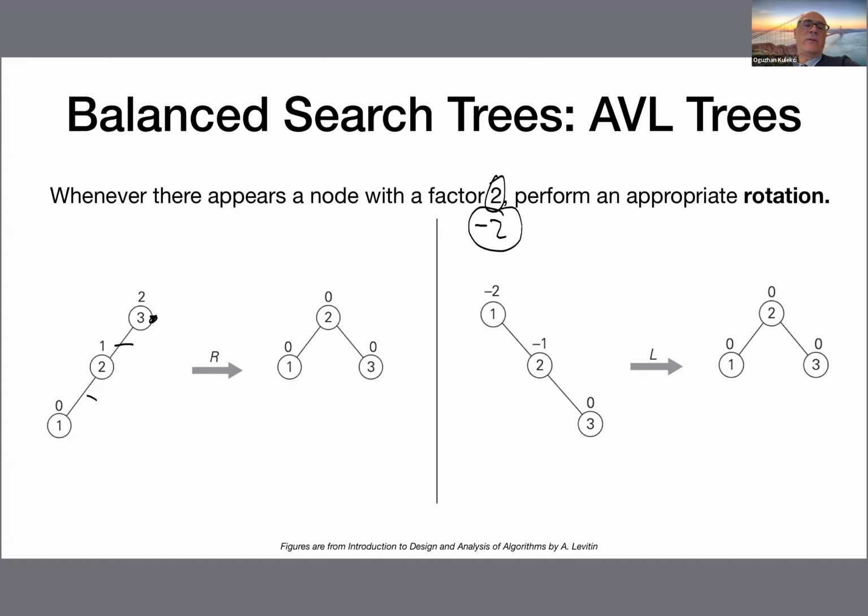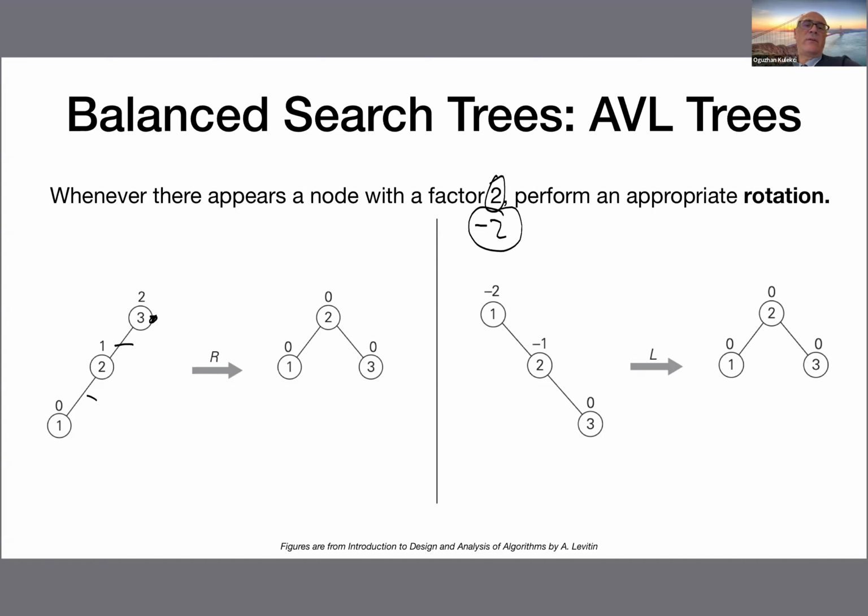Now it is completely balanced. What is the balance factor of this node here? 1 minus 1 is equal to 0, and the leaf nodes are automatically 0. So that's quite fine. That's called an R rotation or right rotation.